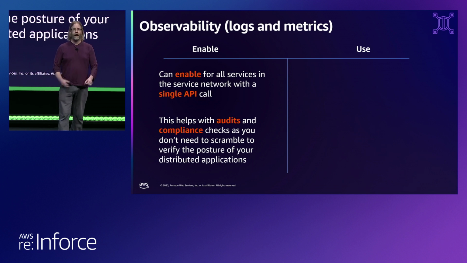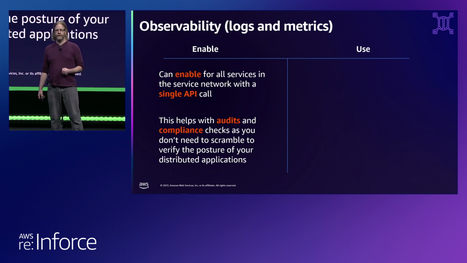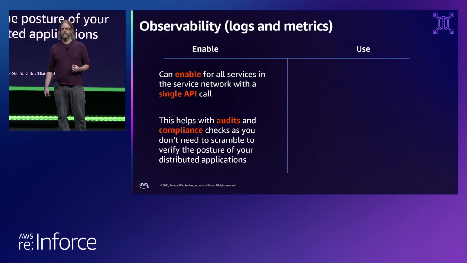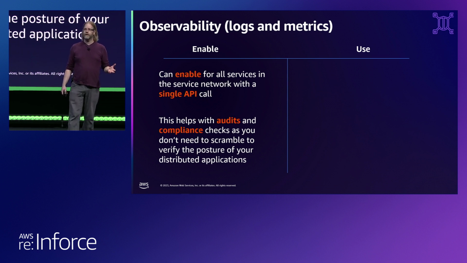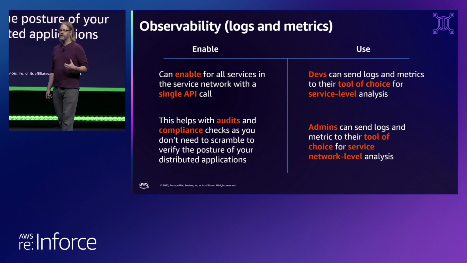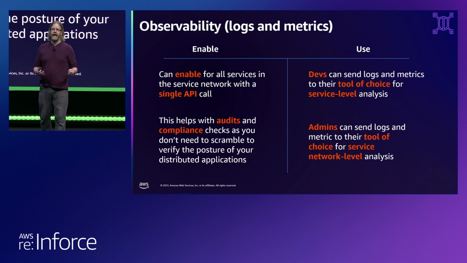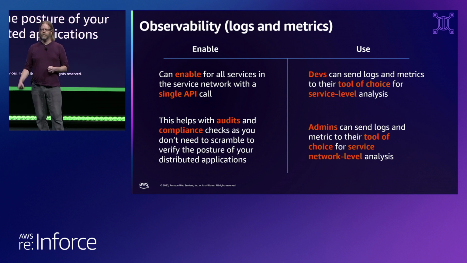So, observability, logs, and metrics. You can enable logs and metrics with a single API call. You can look for your access and set up your visibility with one call. It basically helps with audits and compliance. And you can have it so that the devs can send logs and metrics to their tool of choice from their services, without interference from where the admins are setting up their logs and metrics to their tools and choices.